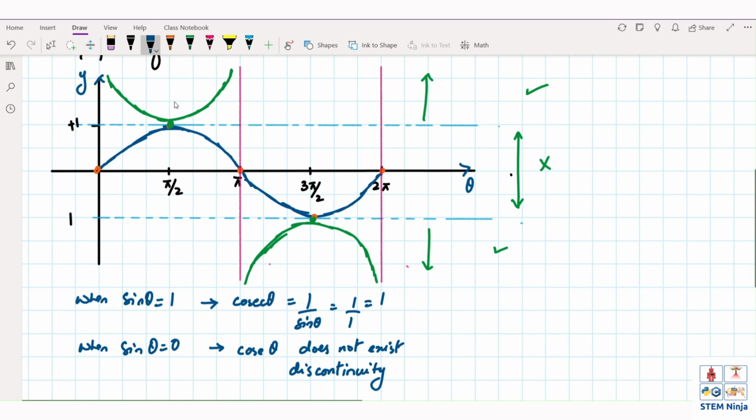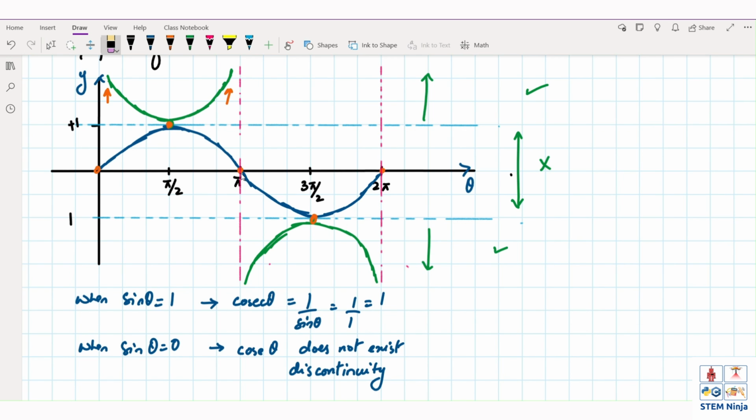It does have the values, it can reach the values 1 and -1, but between those, it does not exist. And care should be taken that at these points, it's never going to intersect these lines. These pink lines are the asymptotes, and they are named for the reason that the function is actually never touching these lines or having these values.